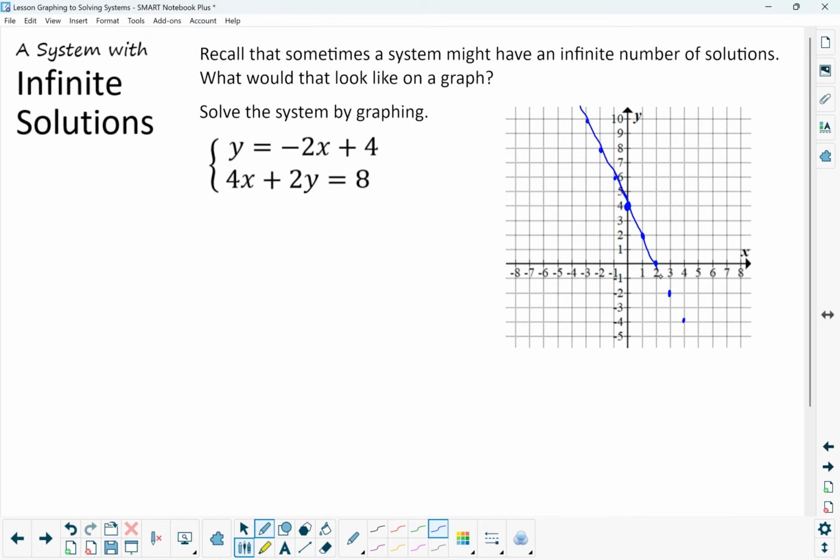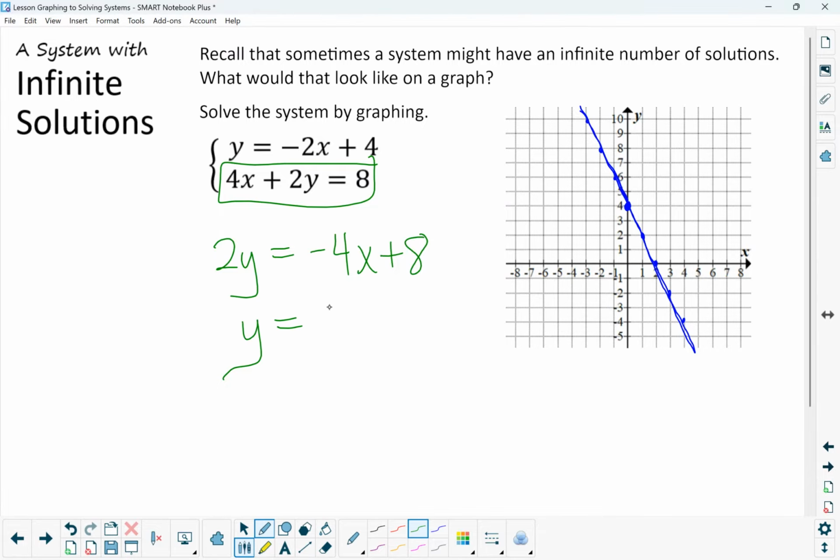And the second equation doesn't have the y isolated, so I'm going to go ahead and solve it for y. 2y is equal to negative 4x plus 8. Dividing by 2 gives me negative 4 over 2 x plus 8 over 2, just dividing both terms by 2.